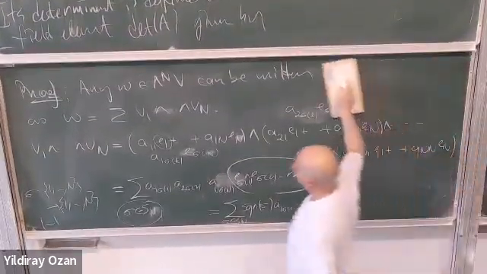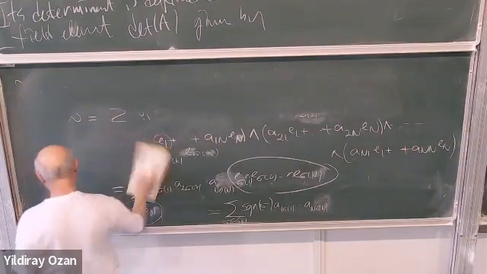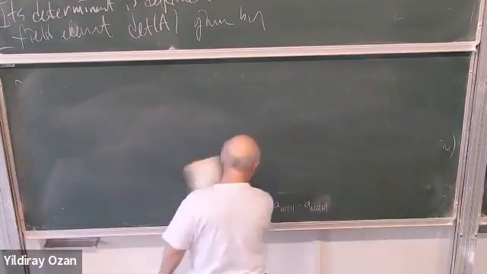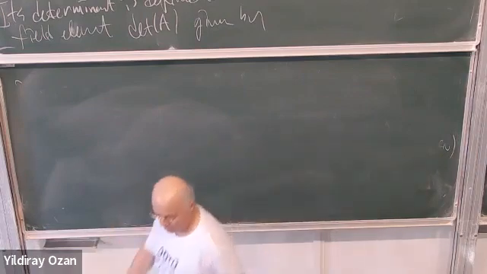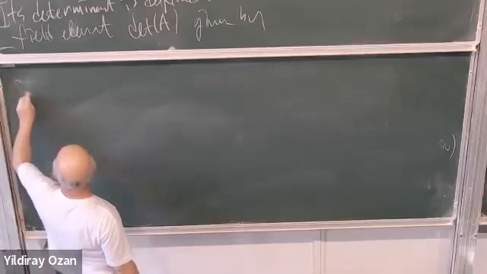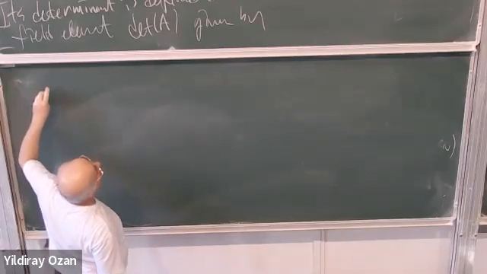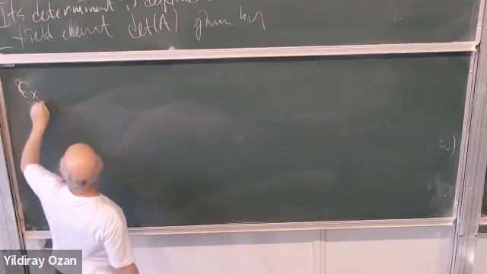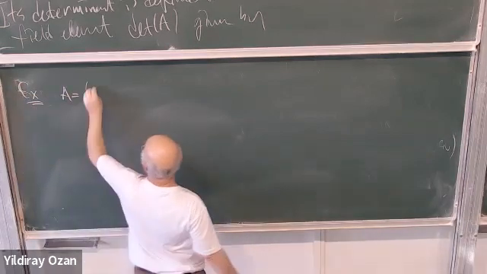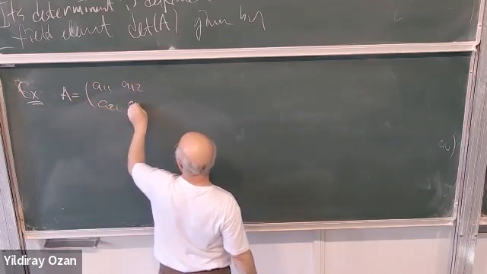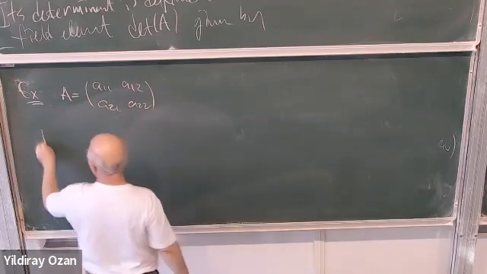For example, what is the determinant of a 2 by 2 matrix? Example: A is, let's say, A11, A12, A21, A22. So what is the determinant of A?